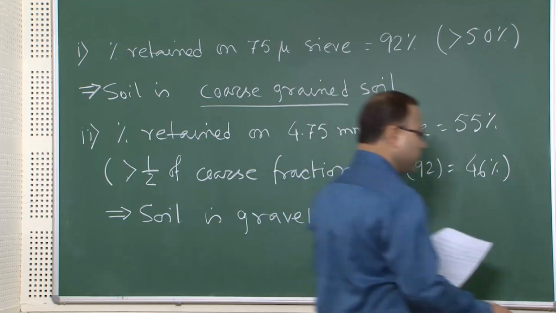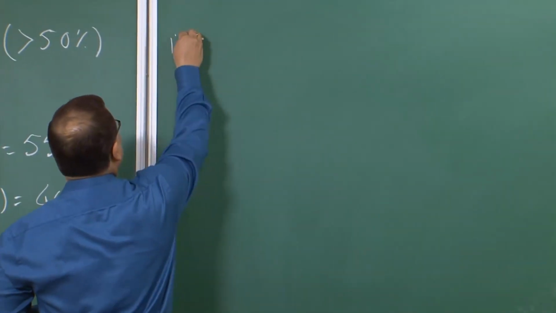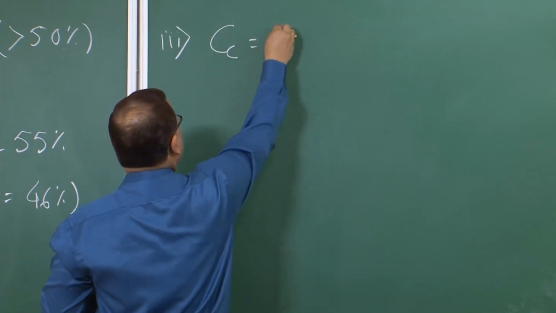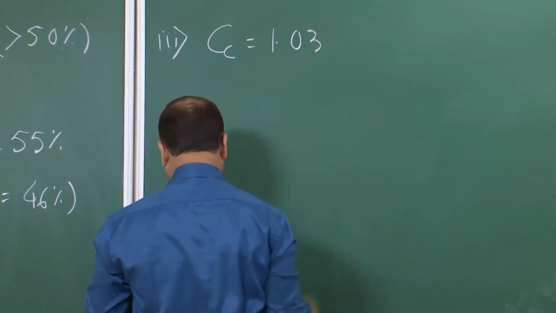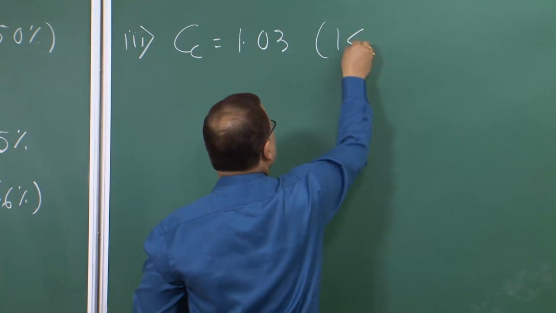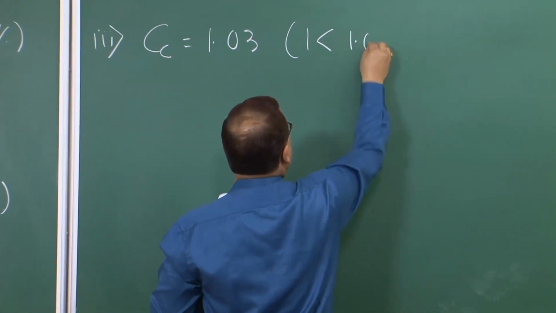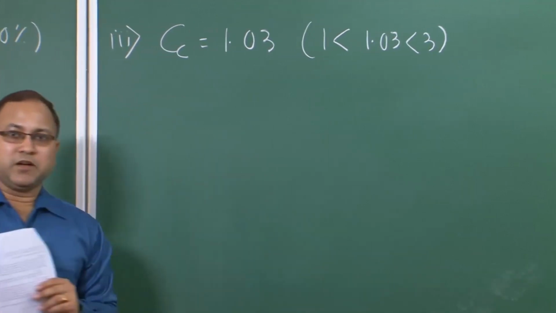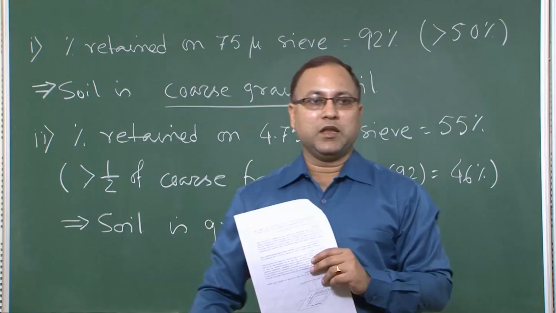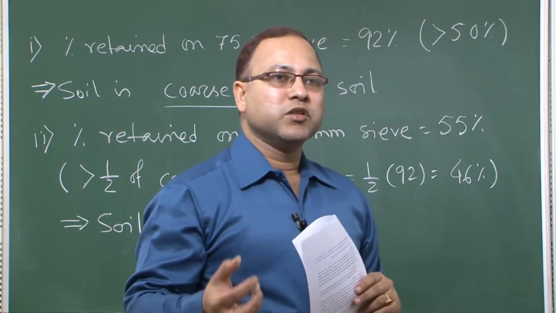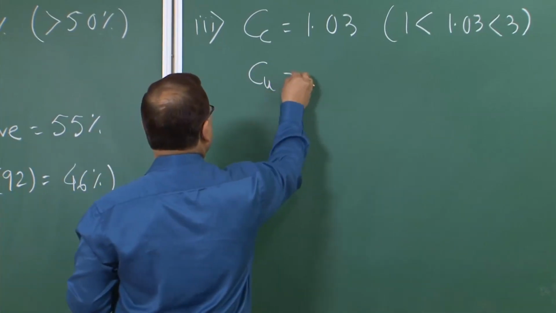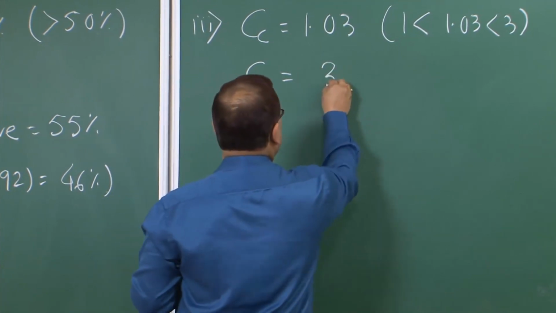Now, in the third piece of information we have Cc equal to 1.03, which is coming within this range, that is okay, but that is not enough to tell something about the soil gradation, right. So, you have another parameter, that is Cu, which is given as 3 in the problem.